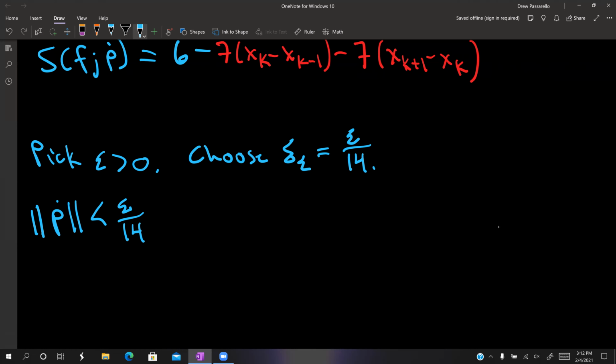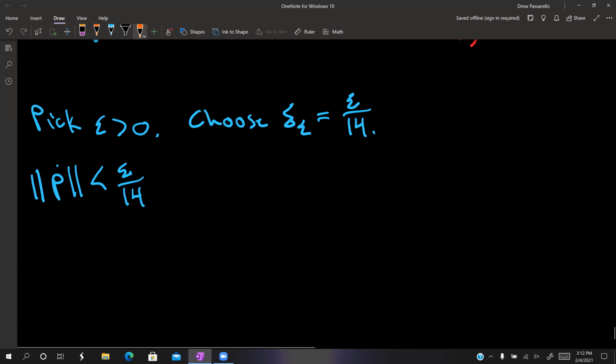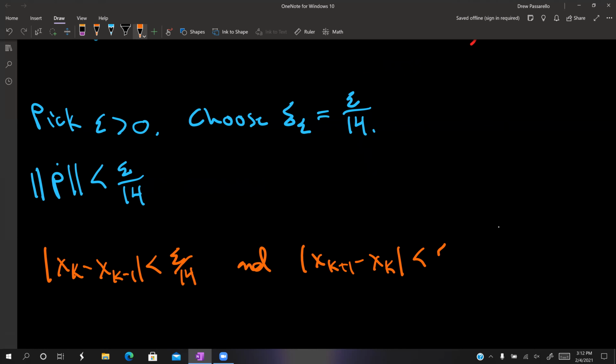And so these lengths are going to be less than epsilon over 14. So the length xk minus xk minus 1 is less than epsilon over 14, and xk plus 1 minus xk is also less than epsilon over 14.